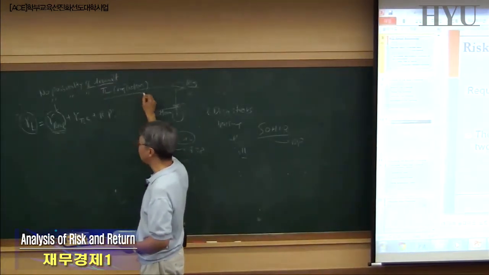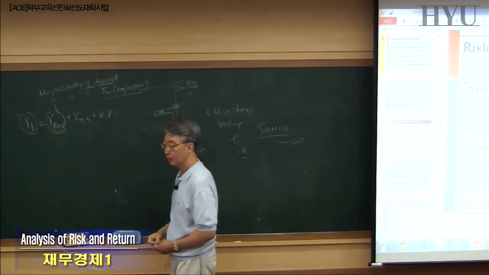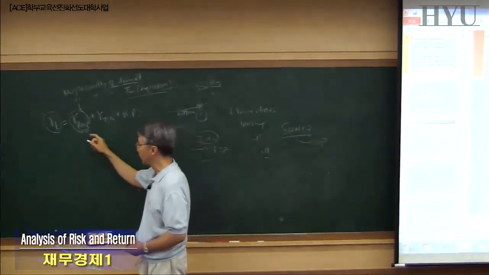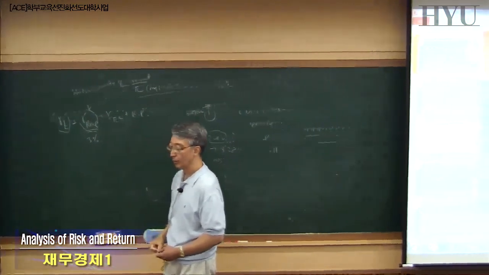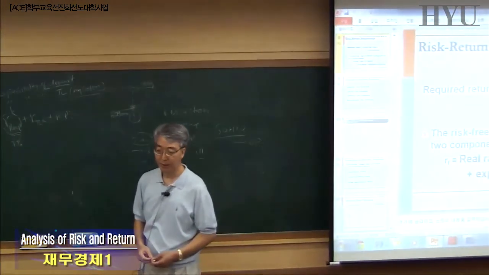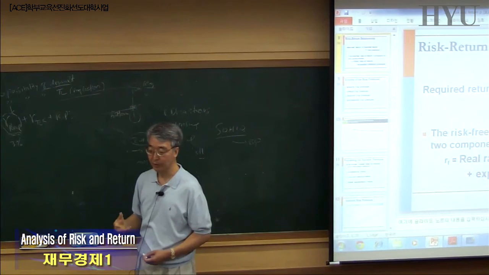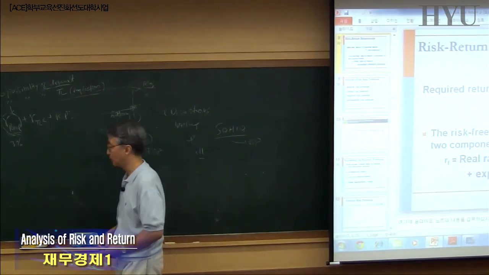Or if you can be certain that there will be no inflation, then maybe let's say 3%. In the absence of possibility of default or inflation, investors may require 3%, right?